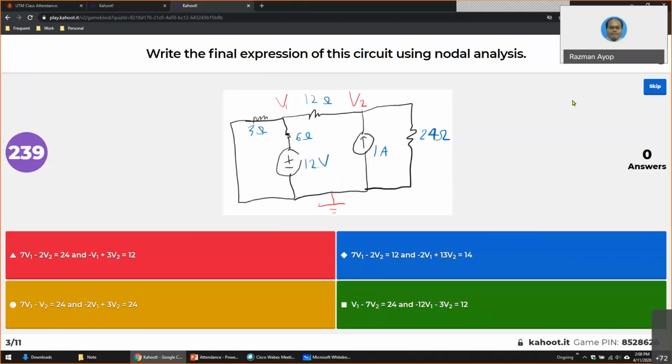Write the final expression of this circuit using nodal analysis.